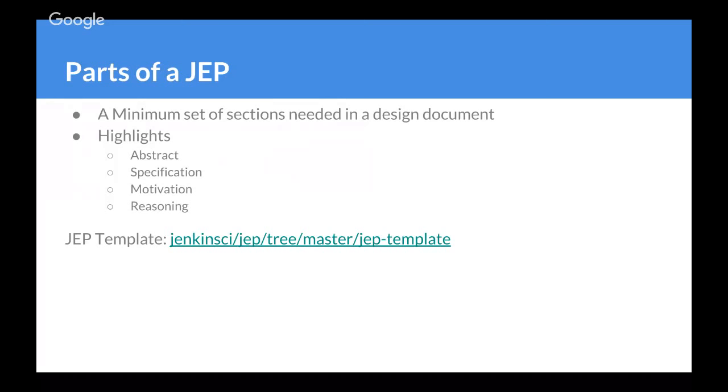There'll be a motivation section which will talk about the why. Why is this needed? How were things before this JEP was proposed? What are we trying to solve? All of that, and it'll also have a reasoning section, which is where we'll document the design choices that were made, the why of the specification, and the other design choices that were considered but rejected.